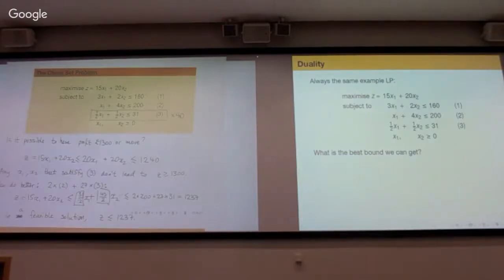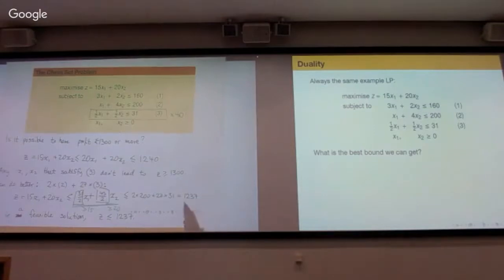The method is we multiply each of the constraints, or some of the constraints, by some positive numbers or non-negative numbers, add them all together, and what we get here, we get that this coefficient must be at least 15, and this coefficient must be at least 20. Okay, and if we get that, then the right-hand side is going to tell us that the objective cannot be larger than that.